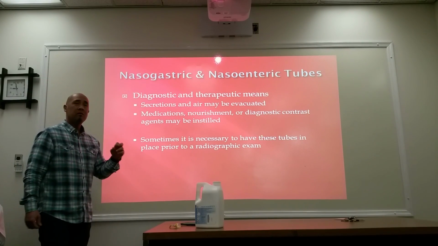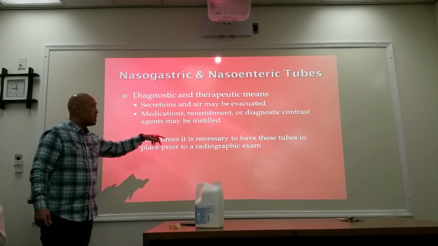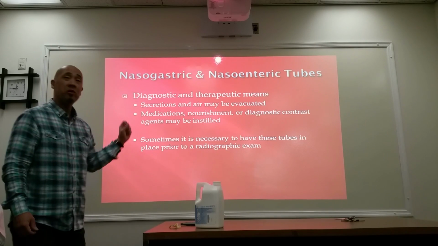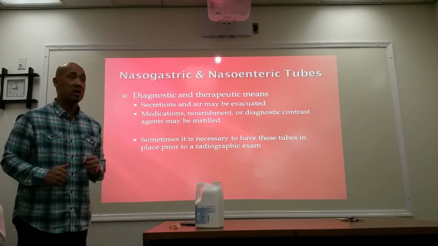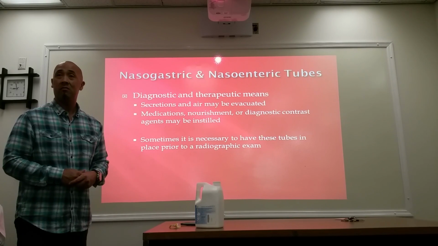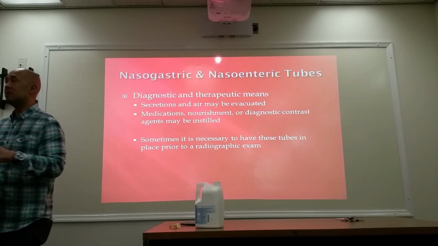Secretions and air may be evacuated. This tube, NG tube or any tube, can also be used to medicate, nourish, and just like in the urinary catheter, we can also push contrast through that tube and fill up the stomach and do a radiographic study. Any questions?